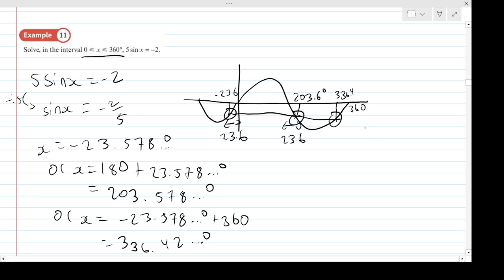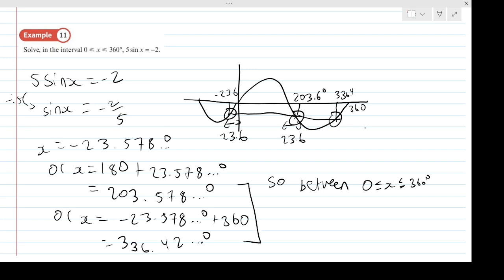So in this interval between 0 and 360, the only solutions we have are 203.6 degrees and 336.4 degrees, to 1 decimal place. And that's it. Obviously this minus 23.578 is negative, so it's outside the range.